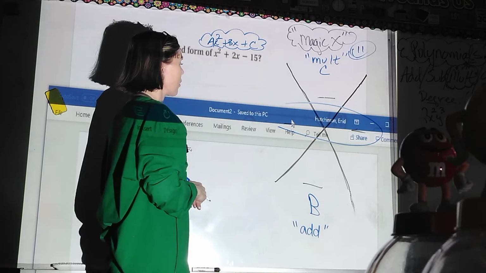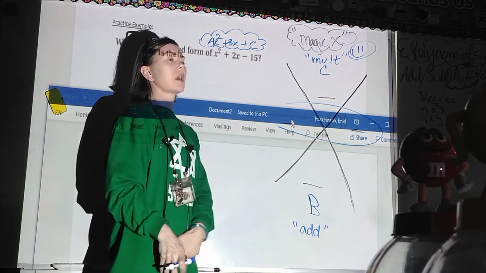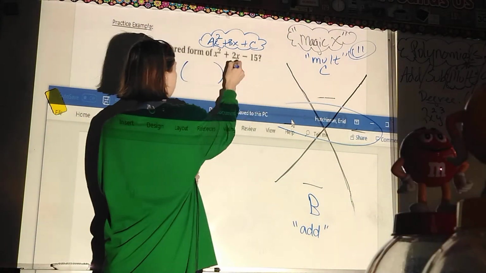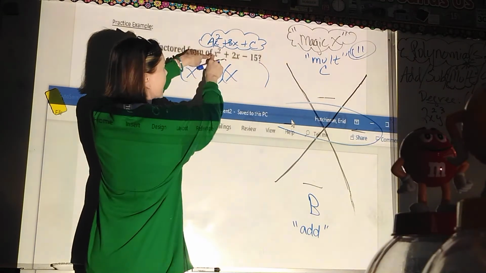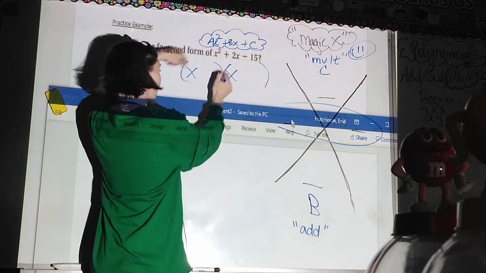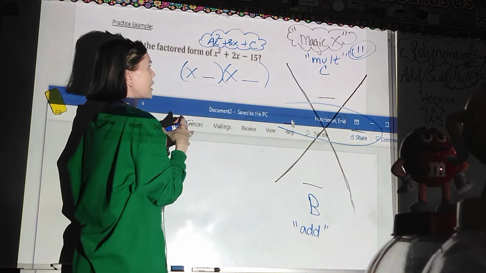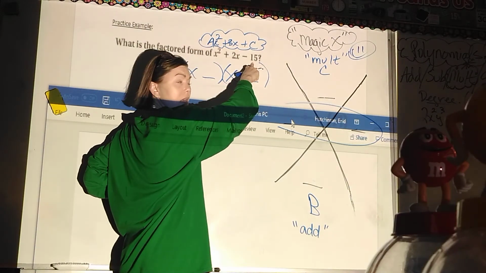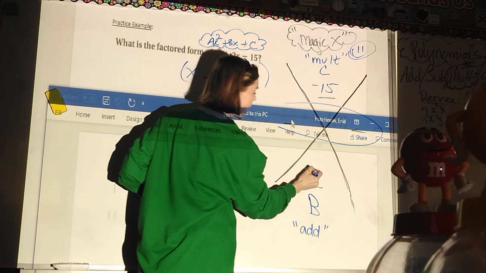You've already tried that yourself, so now we're going to go over it together. We're going to set ourselves up for success and put x and x, because x times x gives us x squared. Now we have our two empties here. We need to put the c term in the magic x. The c term is a negative 15. Let's do that now. And our b term is a positive 2.